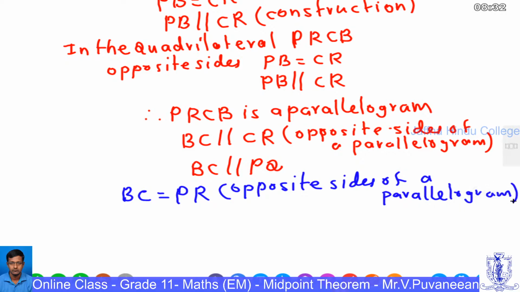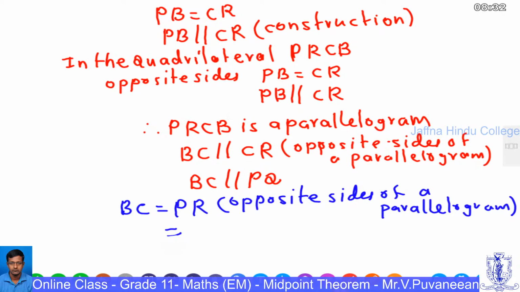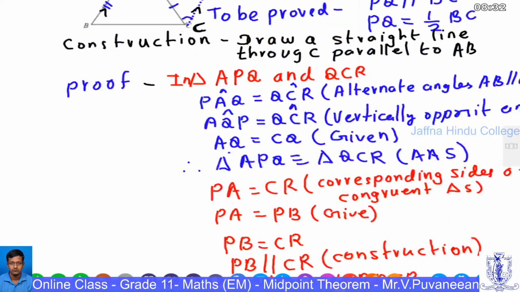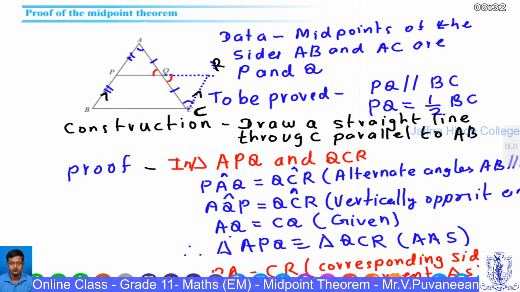Okay, BC equal PR. We can write PQ plus QR instead of PR. You can understand from the picture PR equal PQ plus QR. So I have written PQ plus QR instead of PR.